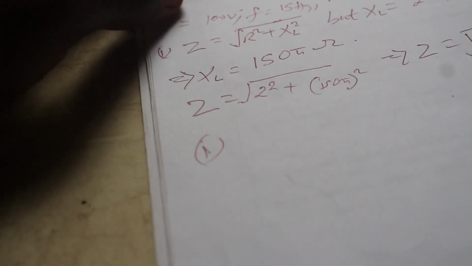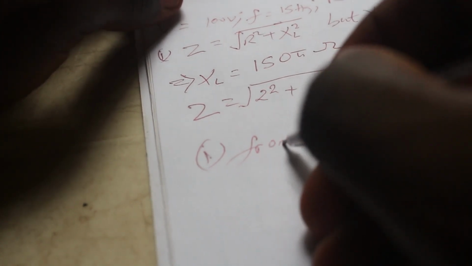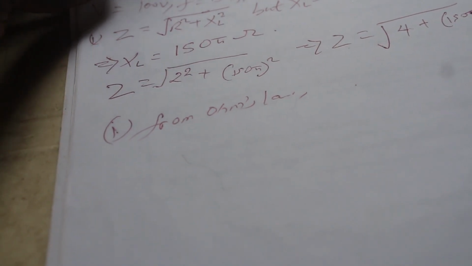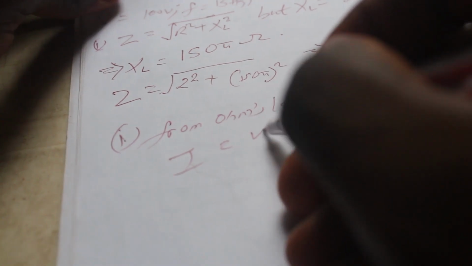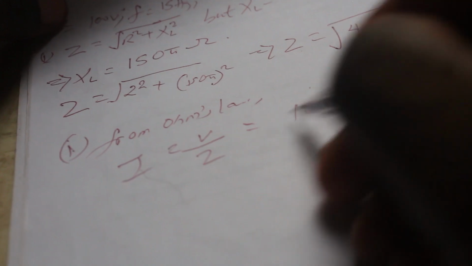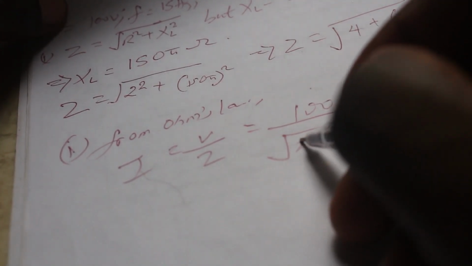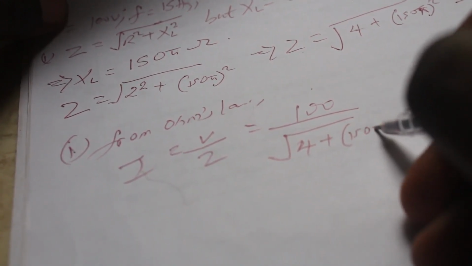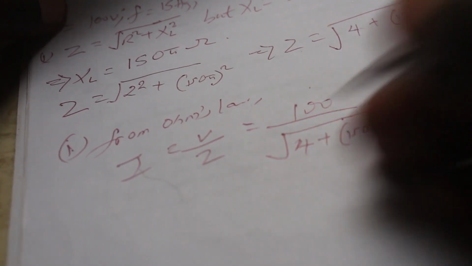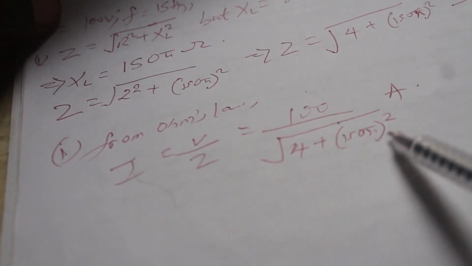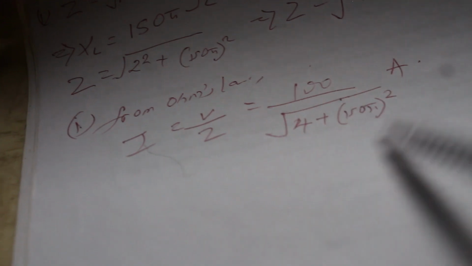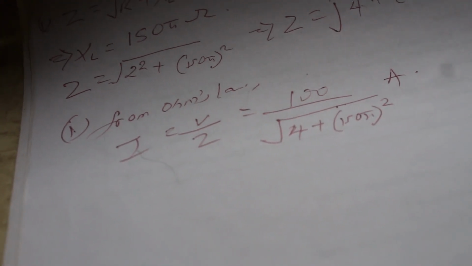And so from Ohm's law, you know that I is equal to V over Z, which is the voltage at the source, 100, over the square root of 4 plus 150 pi squared. Then you put amperes. If you have your calculator, you know the value of pi, so you substitute it here, and then you can get a simpler value for your current.